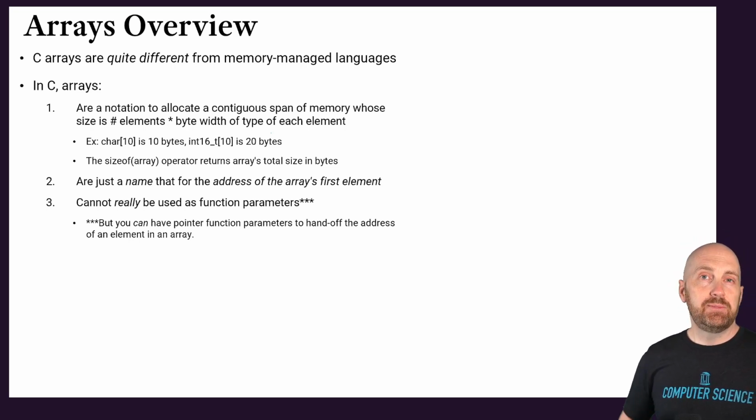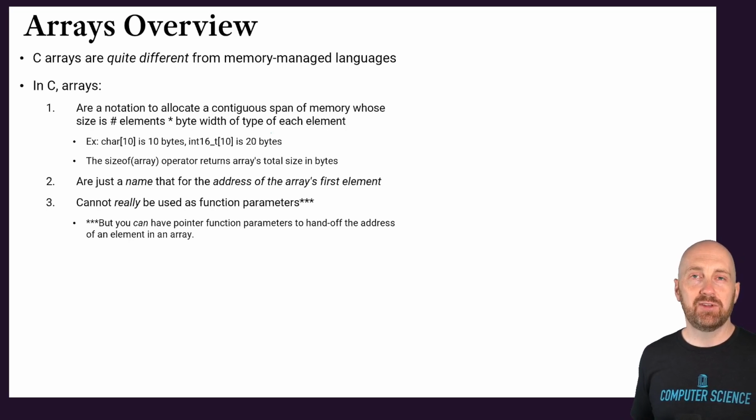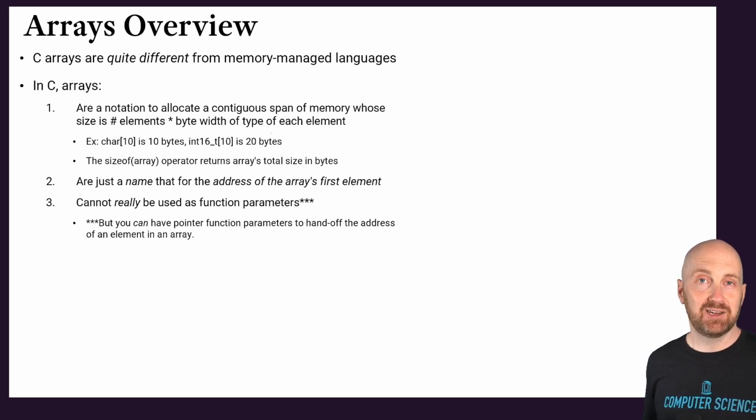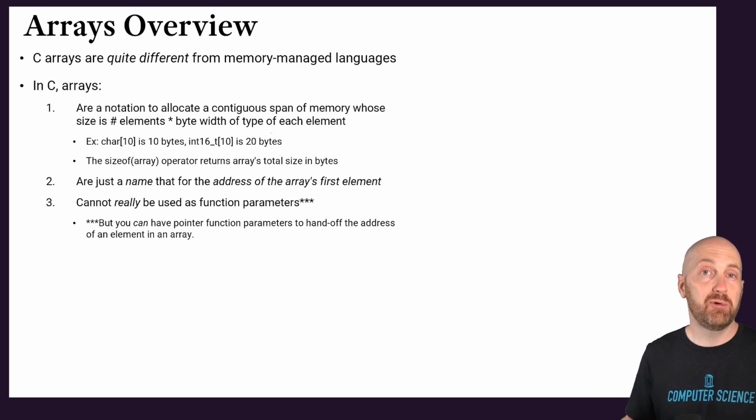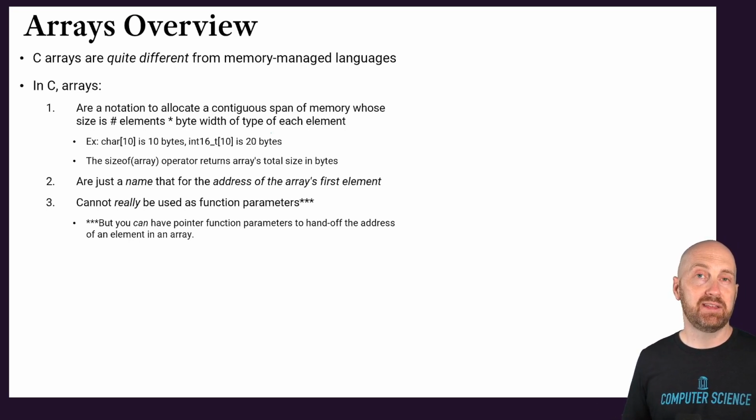Arrays can't really be used as parameters or, subsequently, arguments. You'll see there is some syntactical sugar for declaring a parameter type that is an array, but really that's syntactical sugar for saying, hey, you can give me a pointer to some array. At that parameter position, you would expect some array pointer to be given to you.